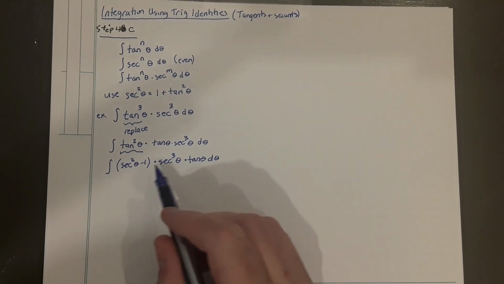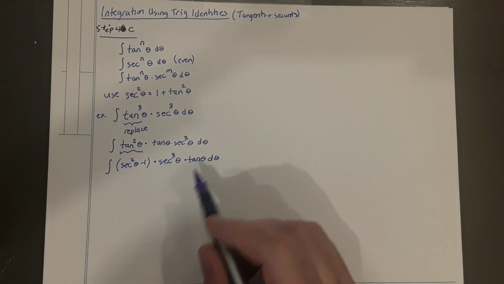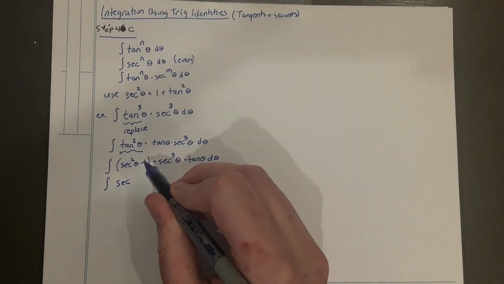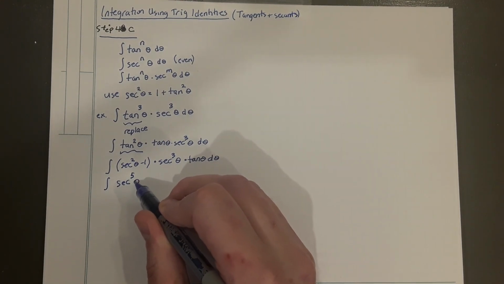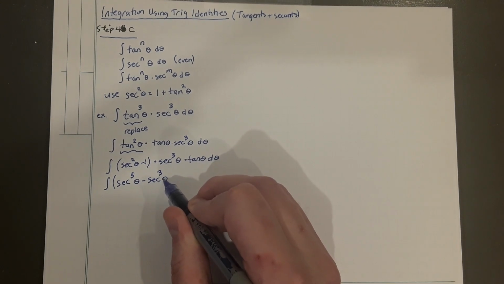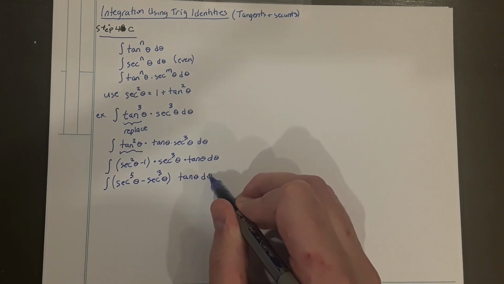Notice we have only a whole bunch of secant functions with a single tangent. When I multiply this out, secant power 5 minus secant power 3 times single tangent times d theta.